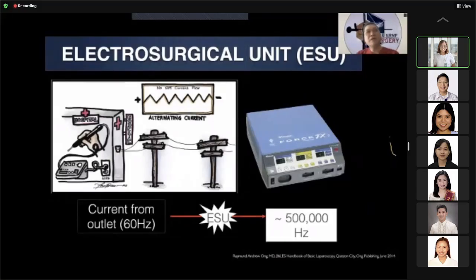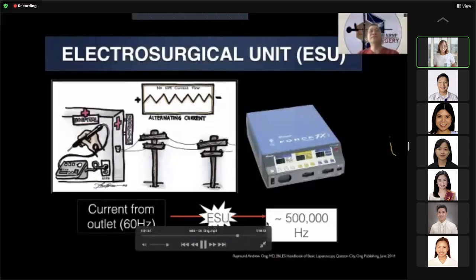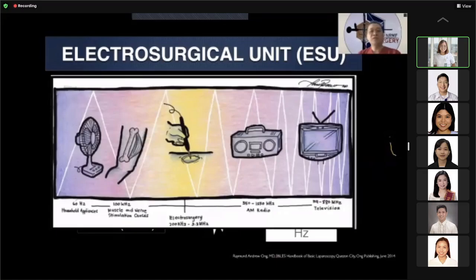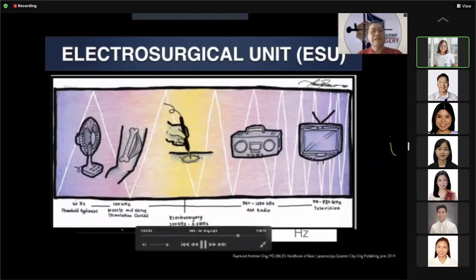So from your plug, you plug this machine, which is the electrosurgical unit, and it transforms the electrical current into radio frequency waves. So it's around 500,000 hertz that is being used in the operating theater. So these are the different frequencies of waves that we use. The outlet is 60 hertz.